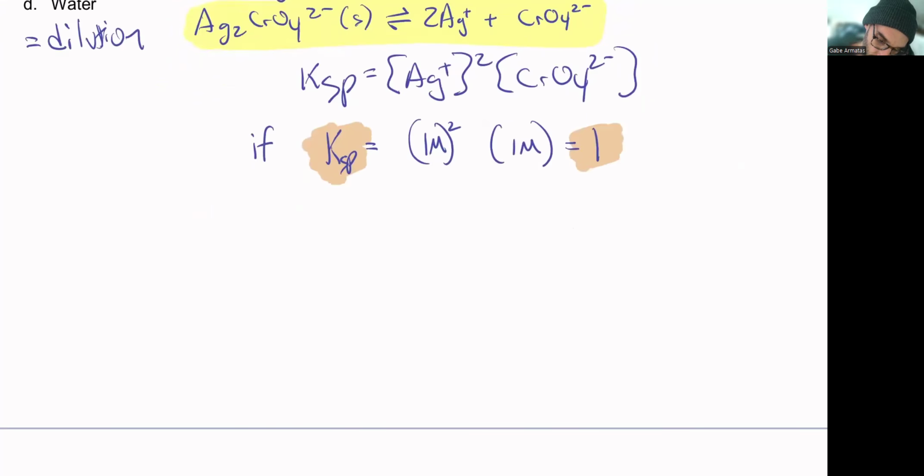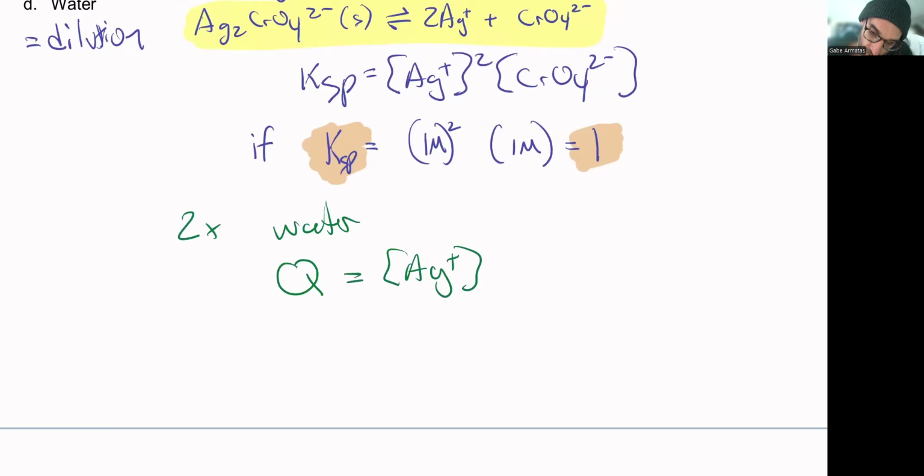We are going to 2x the water. What that ultimately means is, starting from 1 molar concentrations, we're diluting by twice. My Q is again silver squared times chromate 2 minus.